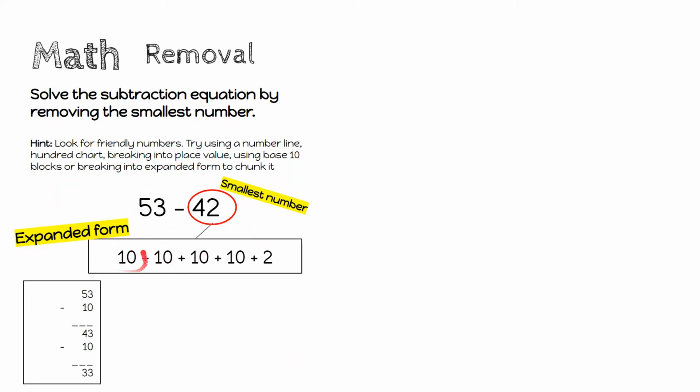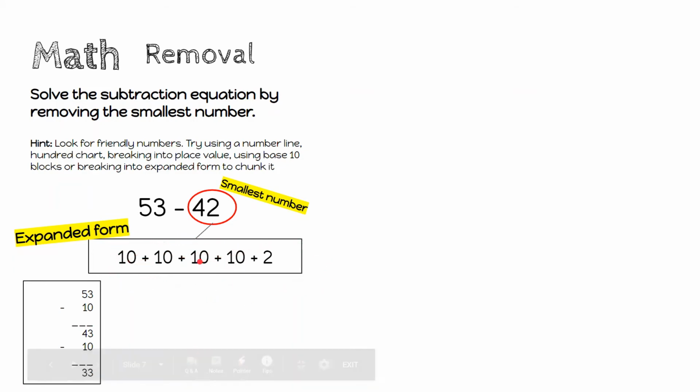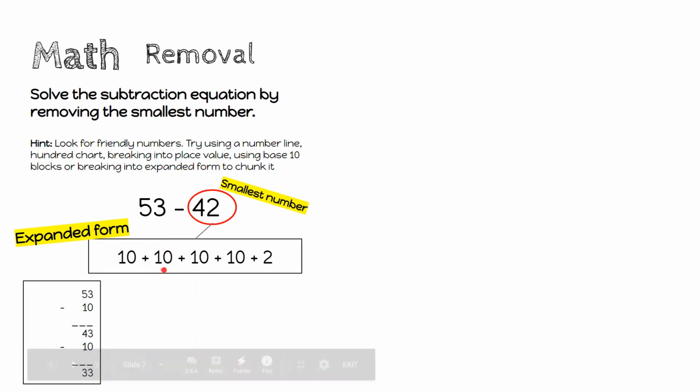Now we are going to start removing it in smaller chunks. So we're also using our chunking strategy. So we are going to subtract 10 from 53, which gives us 43. Then we are going to subtract another 10 from 43, which gives us 33.